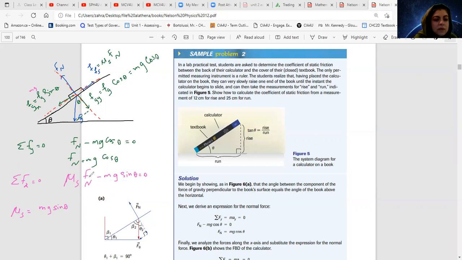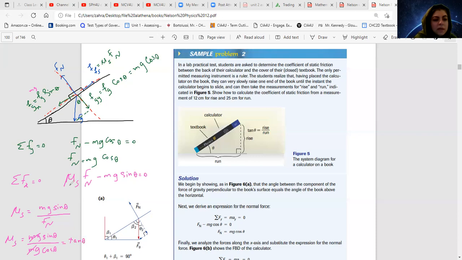divided by F of n. I divide each term by F of n, and I know F of n is mg cosine theta. So it's mg sine theta divided by mg cosine theta. The mg cancel, and sine over cosine is tan.